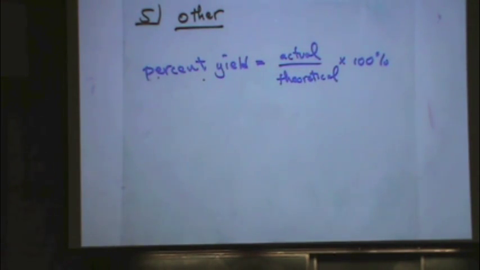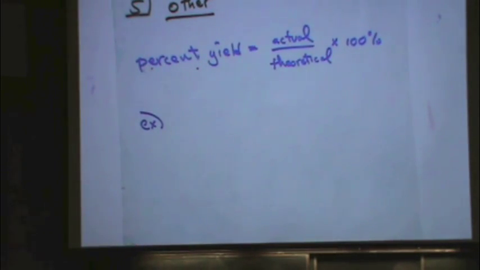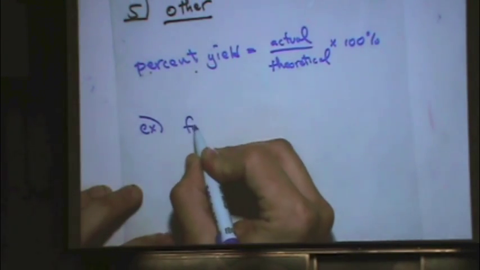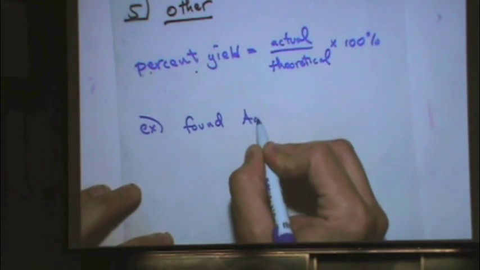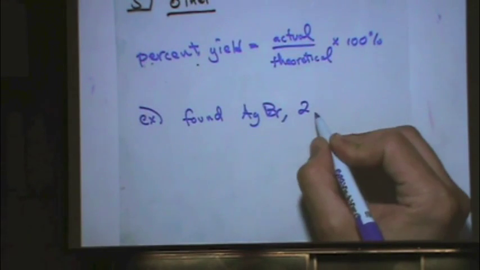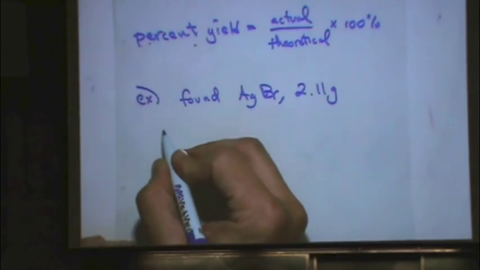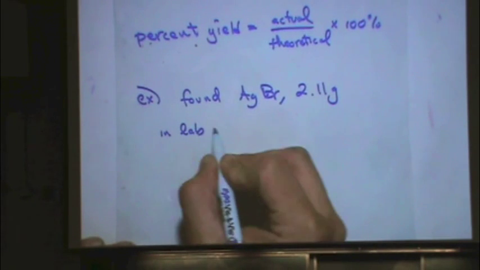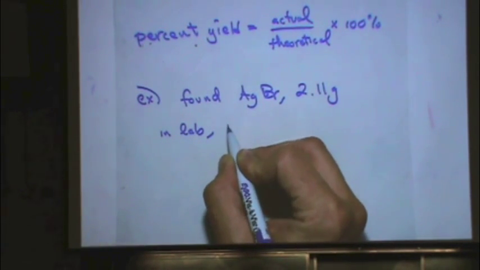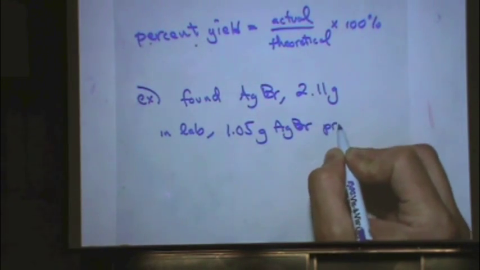So, for example, let's see. We did last time, I don't know if you remember the silver bromide problem we did last time, and I think the answer was 2.1 grams of silver bromide. That was the answer we obtained from our calculator. But let's say in lab, there was 1.05 grams of silver bromide produced.